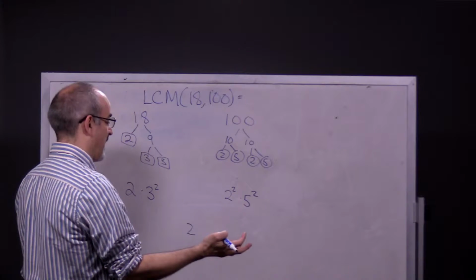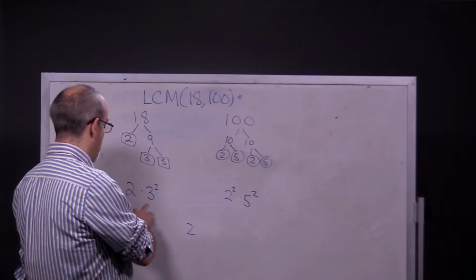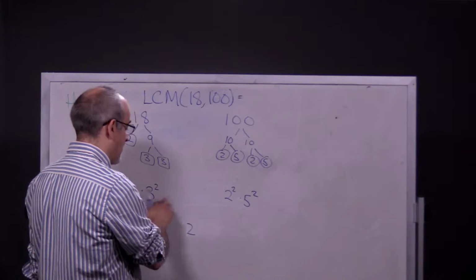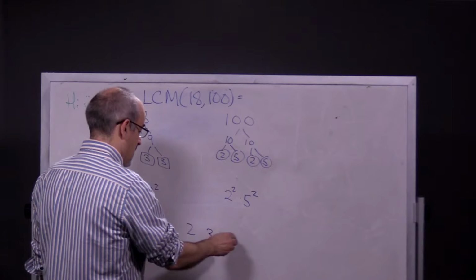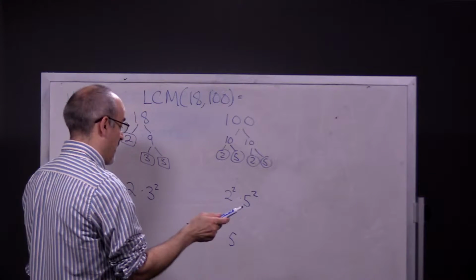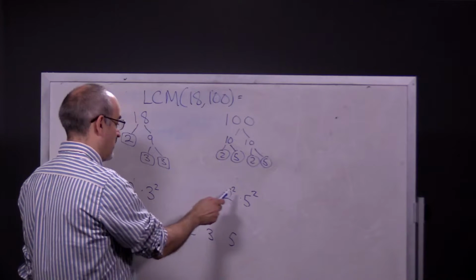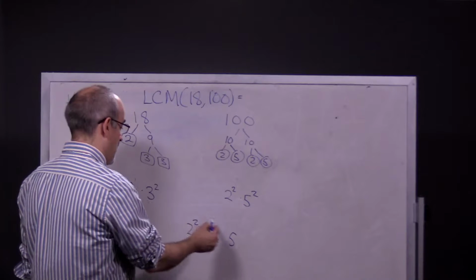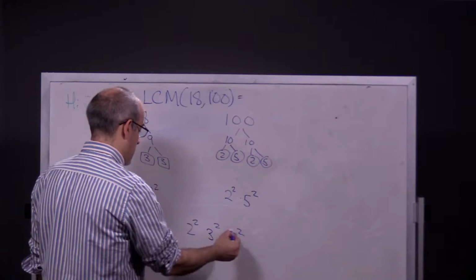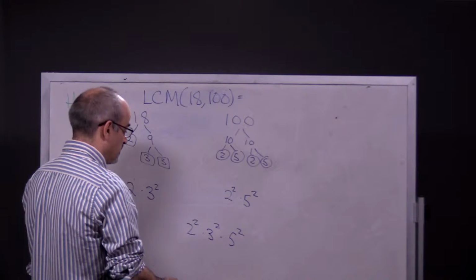Now for greatest common factor, it has to be in both. But for least common multiple, it doesn't matter. You just take any number that you see here. So I see 2s, I see 3s, and I see 5s. And then you take the highest power. So 2 to the first power, or 2 to the second power. The biggest one's 2 to the second power. There's just 3 squared and 5 squared.